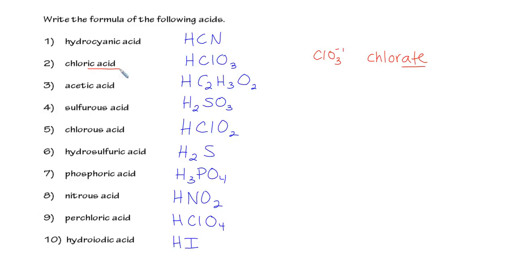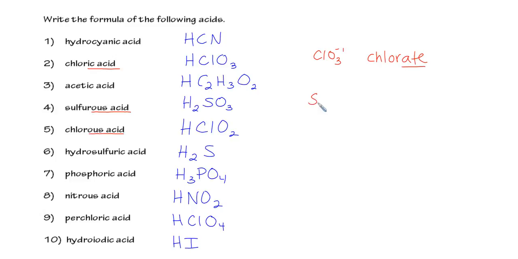Phosphoric acid is another good one. Phosphate is PO4 minus 3. Phosphoric acid must mean that the phosphate is bonded to hydrogen. And then I just balance it and make it neutral. The IC means that the ending on the polyatomic was ATE. If you see OUS acid, that must have come from the ITE version of the polyatomic.